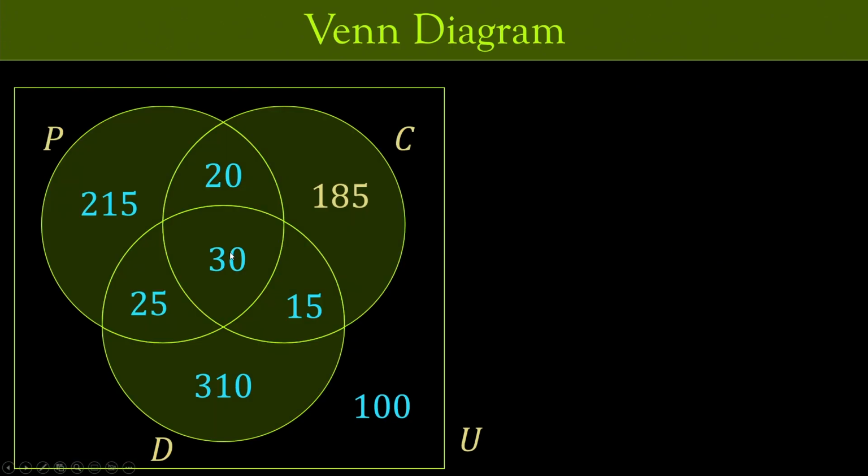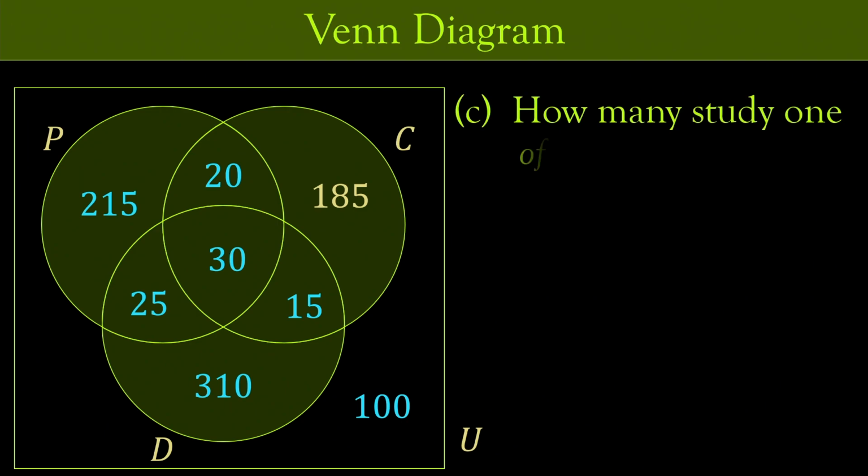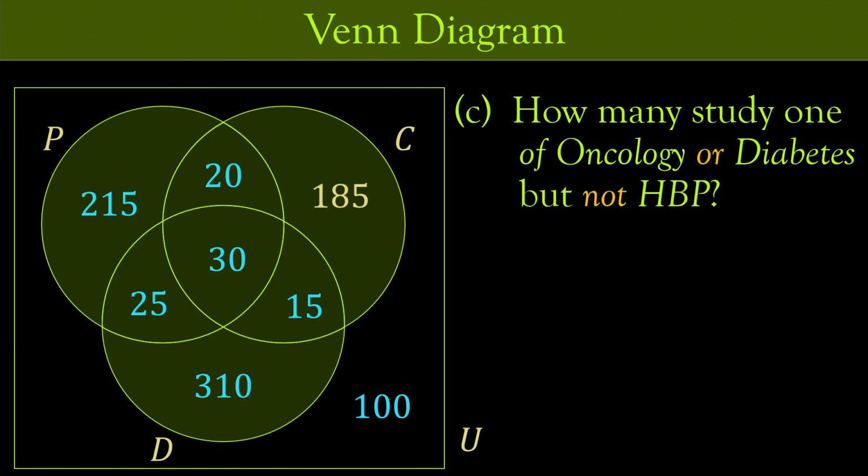Okay, part C of the question asks, how many of the researchers study one of oncology or diabetes but not high blood pressure? Okay, so they study one of either oncology or diabetes. That means we go to oncology and diabetes and we look for those who study only one area. So there is 185 here, just study one, and there are 310 here that study only one area. Okay, so therefore the answer to this question has to be 185 and 310.